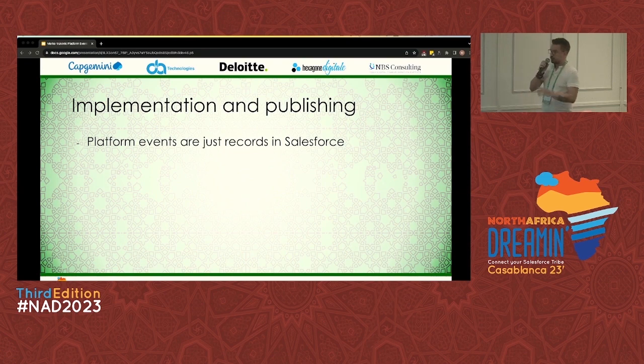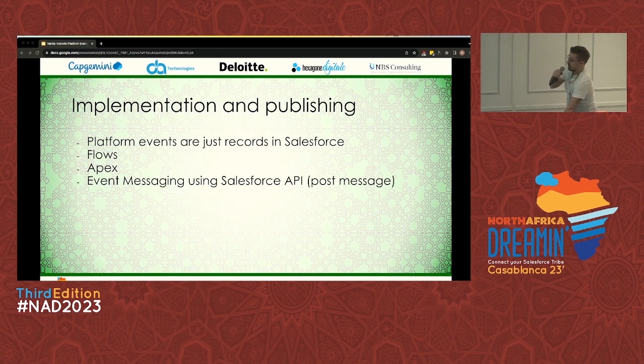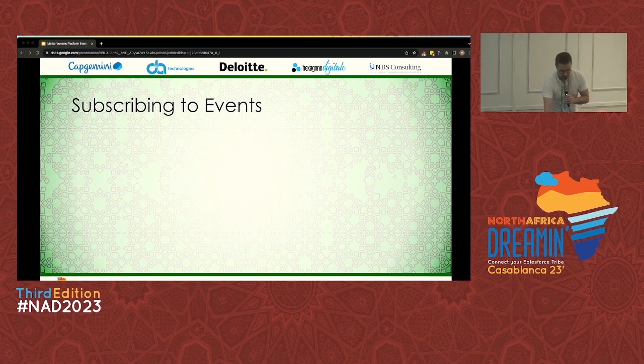For the implementation, it's pretty simple, because platform events are just records in Salesforce, and a platform event itself is just an object. That means they can be implemented using flows, Apex, event messaging, or any other method that you want to use for creation of objects.